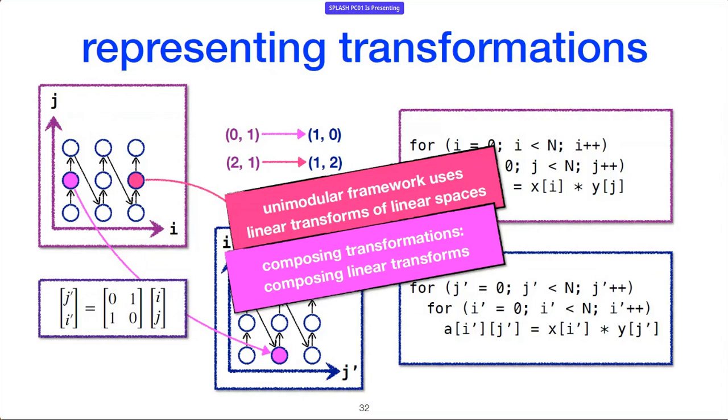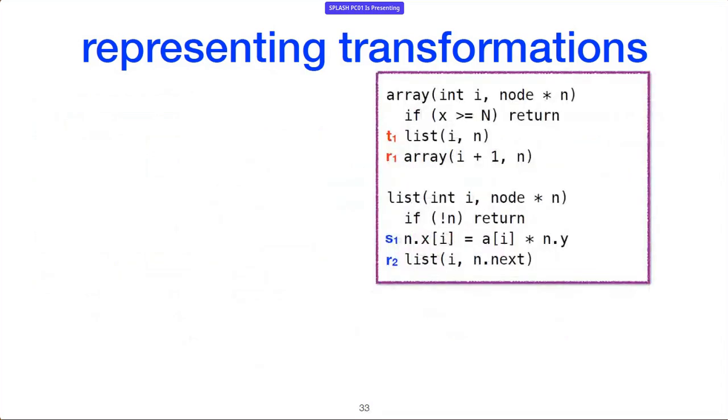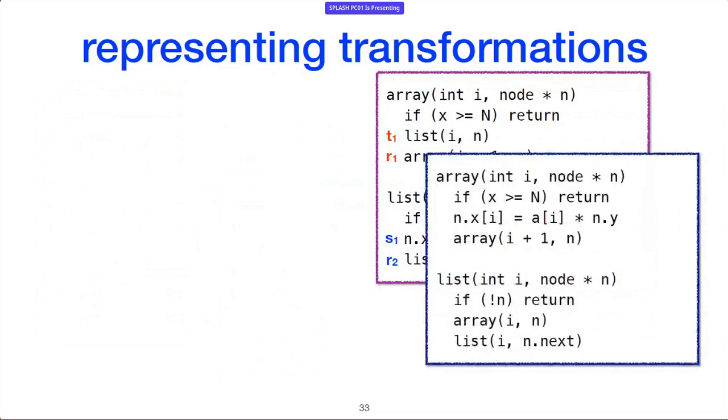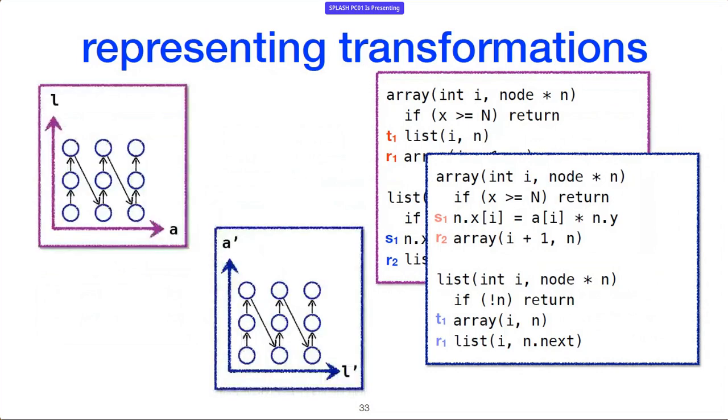And I can do the same thing for recursion, because if I have my purple space here, this is my array and list code, has these particular labels, I want to transform it into the interchange version, this blue version of the code, which has slightly different labels. The exact labels don't matter so much, but what matters is it's just got a different set of labels. Same kind of renaming that's going on.